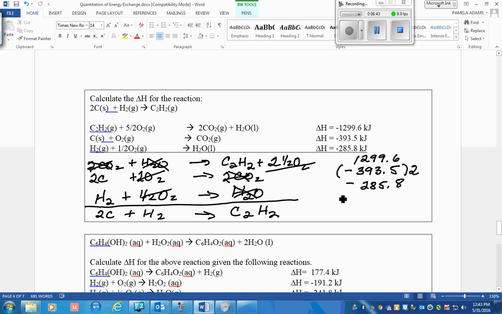And it does. So the only thing I need to do now is to add these up. And when I do, I find the delta H of this reaction gives 226.8 kilojoules per mole. This is an endothermic reaction.